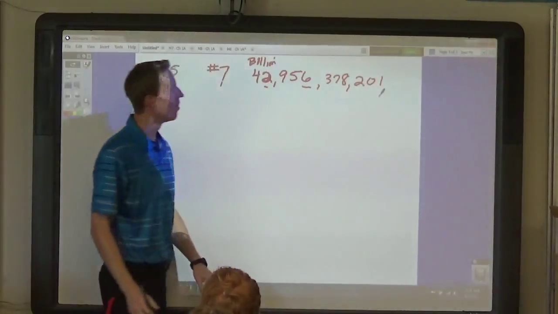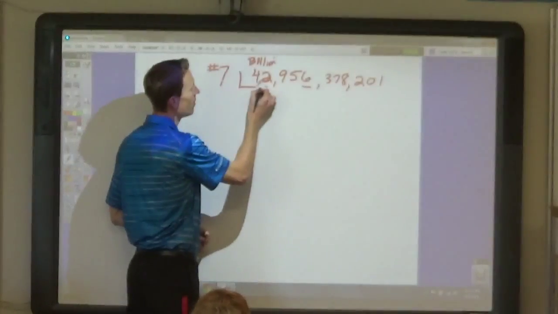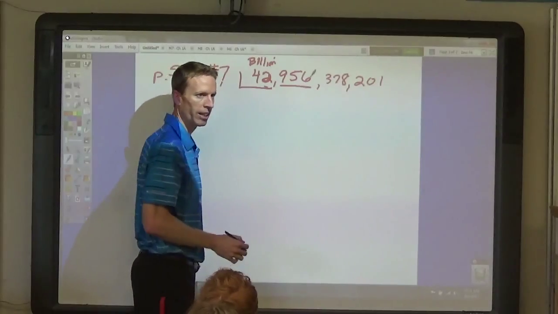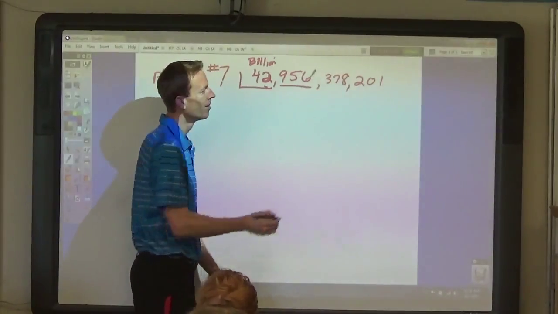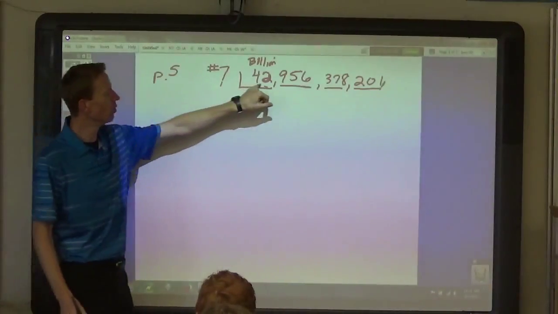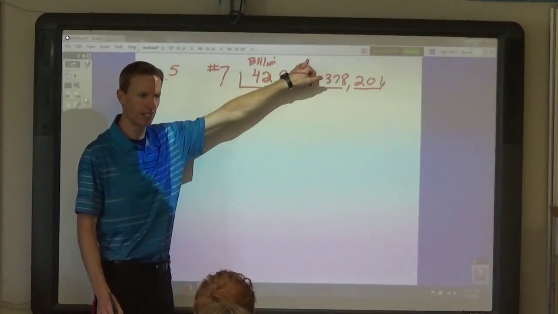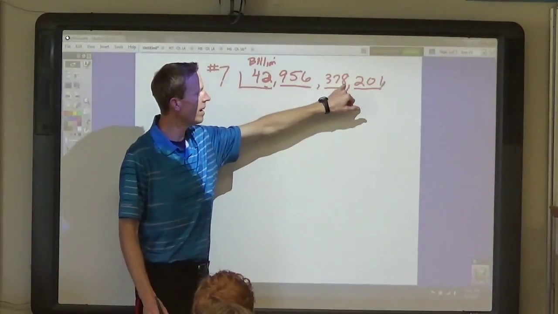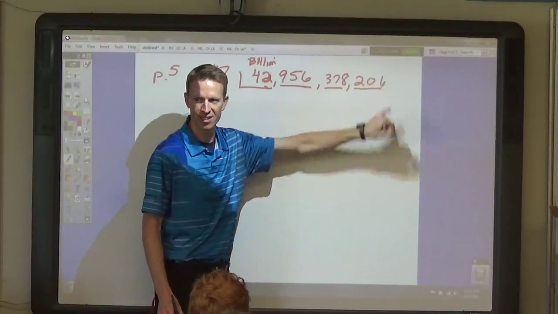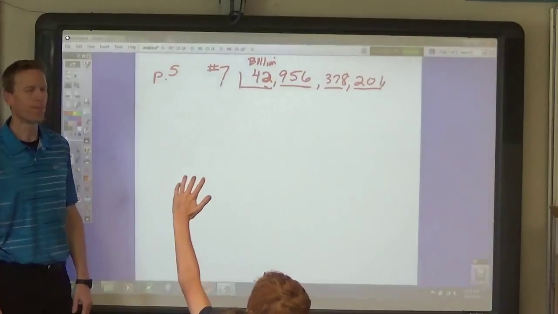Now, in this number, notice that you always read a section of the number and then say the place of the last digit. Right? 42 billion, 956 million, 378,201.